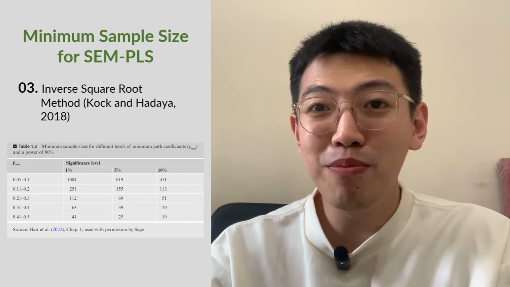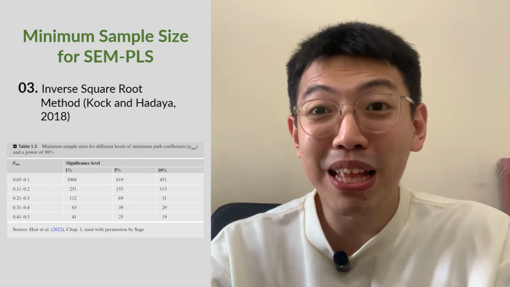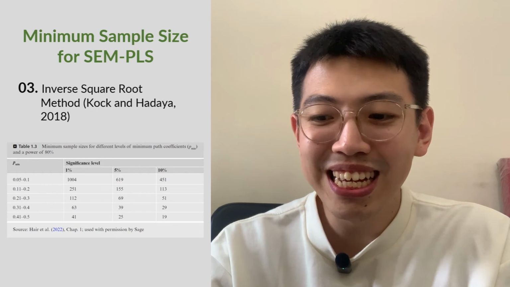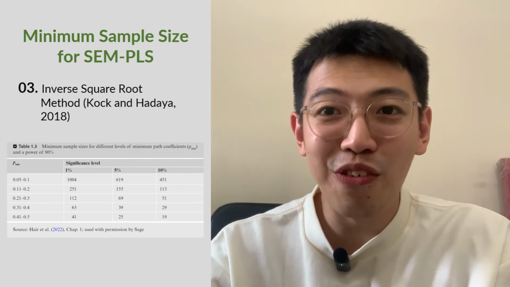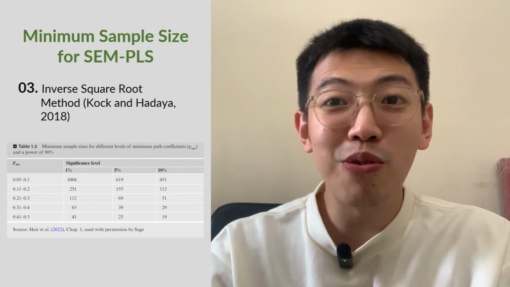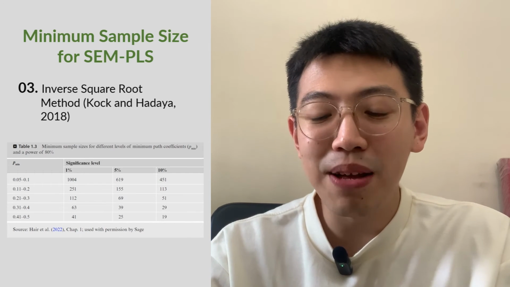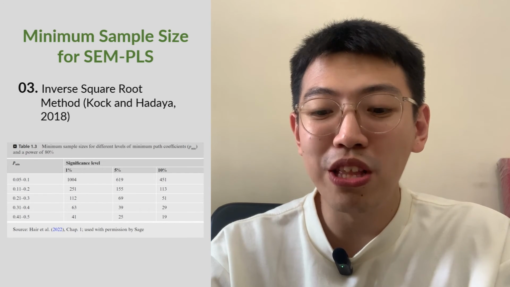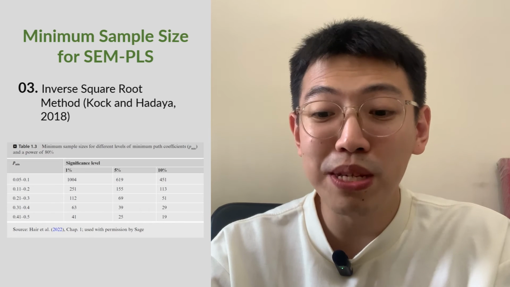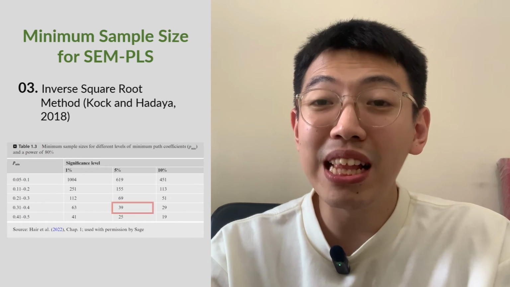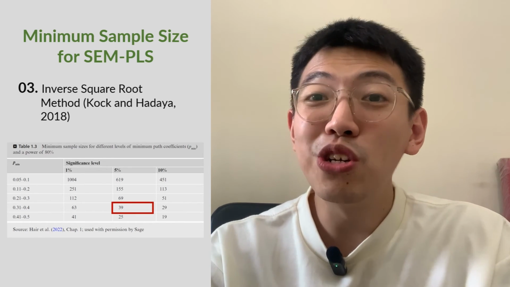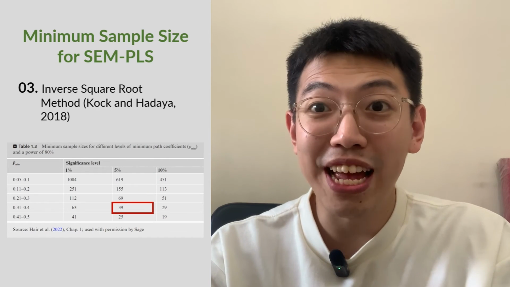So the P minimum is the minimum expected path coefficient to be significant. The significance level is alpha, and the statistical power used in this table is 80%. For example, you expect the minimum path coefficient is 0.31 up to 0.4 to be significant, and the significance level you use is 5%, so the minimum sample size will be 39.